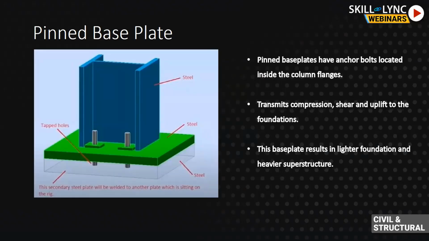And as we discussed for the fixed base plate, adopting a pinned base plate in a structural system will result in the foundation being lighter, but the design of the steel superstructure will be on the heavier side. So these two are the important differences which we need to be aware of. For a fixed base plate, the foundation will be heavier, but the steel superstructure will be light. For a pinned base plate, we'll have a lighter foundation, but the steel superstructure would be on the heavier side.